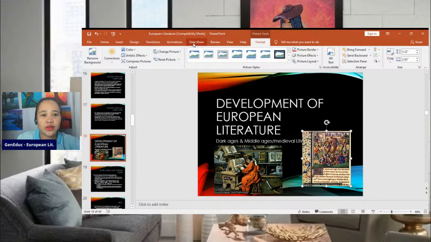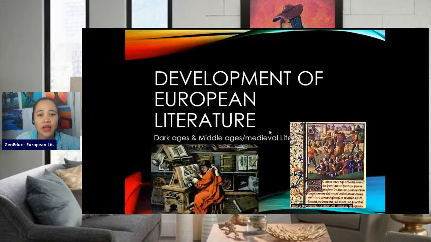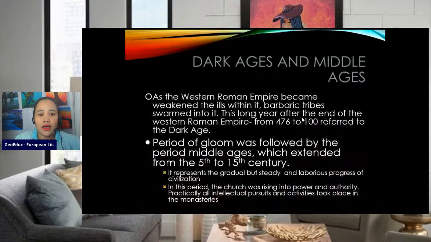Okay, so let's continue. Dark Ages and Middle Ages. As the Western Roman Empire became weakened by the ills within it, barbaric tribes swarmed into it. These long years after the end of the Western Roman Empire, from 476 to 1000, are referred to as the Dark Age.